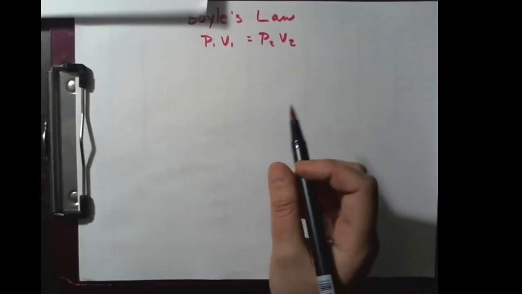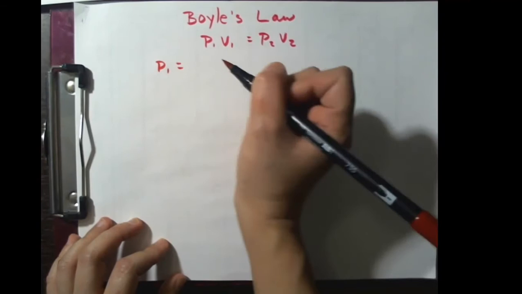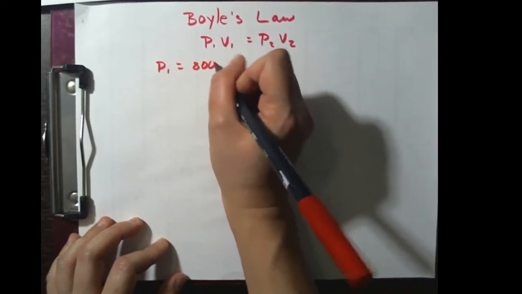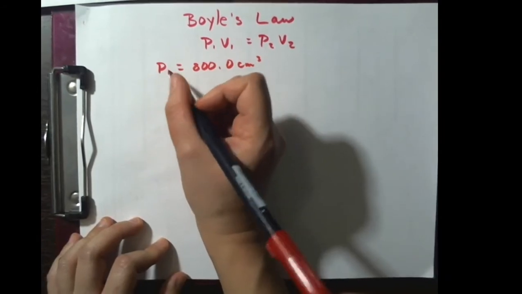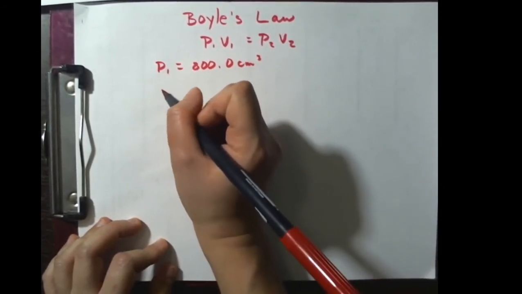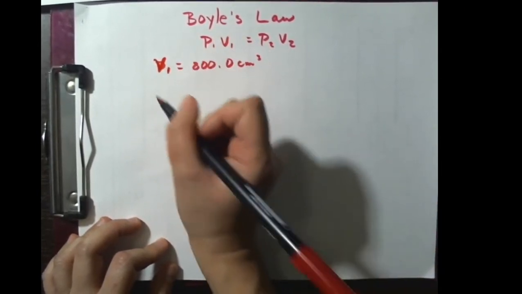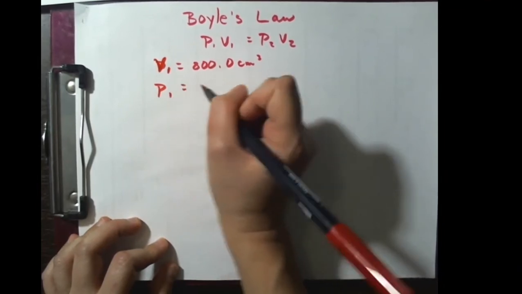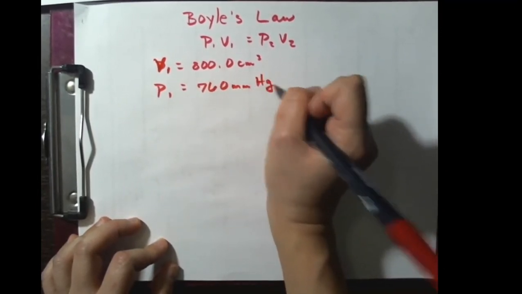So we know that our V1 is 800 centimeters cubed. And then standard atmospheric pressure, which is our, oh, sorry, I did that backwards. This is our volume. And our P1, our initial pressure, is 760 millimeters of mercury.